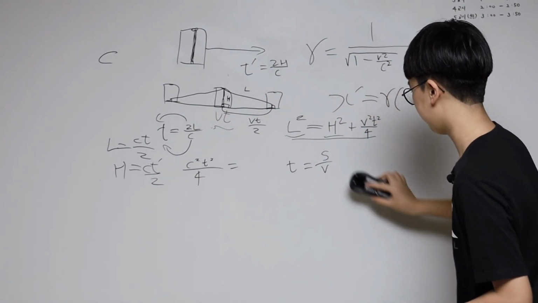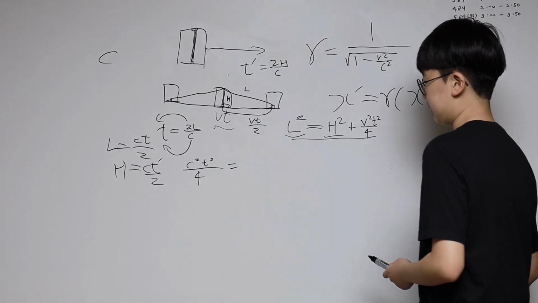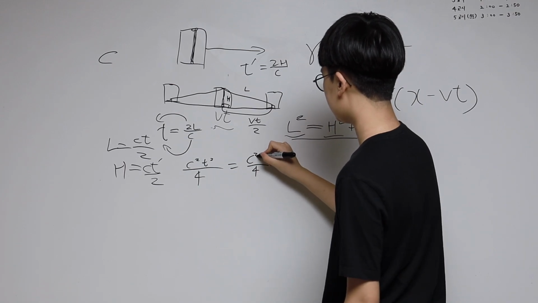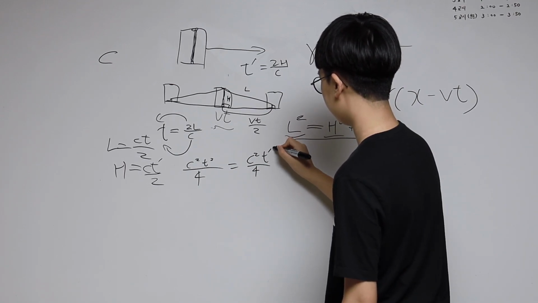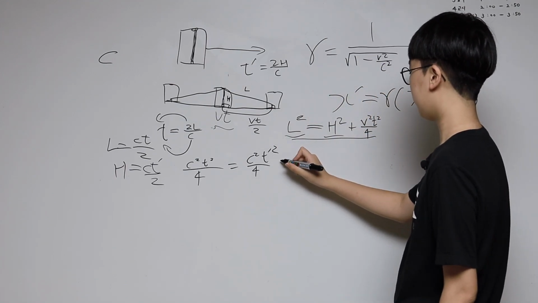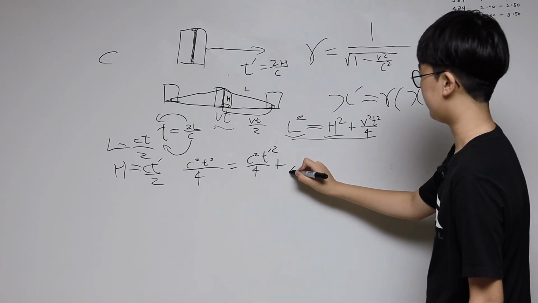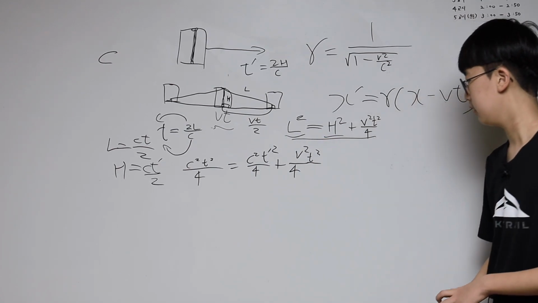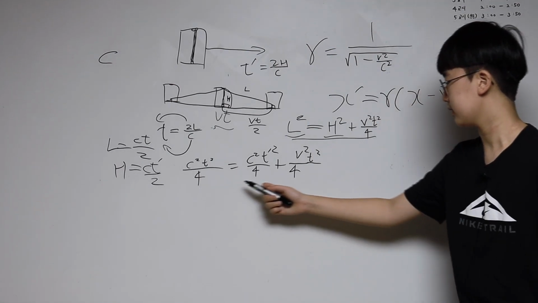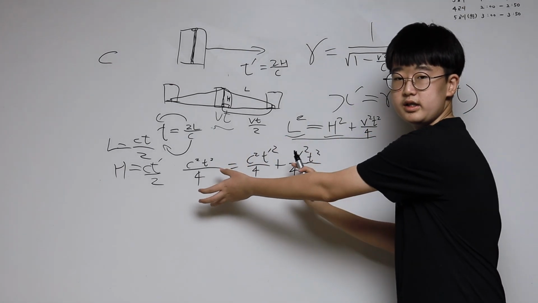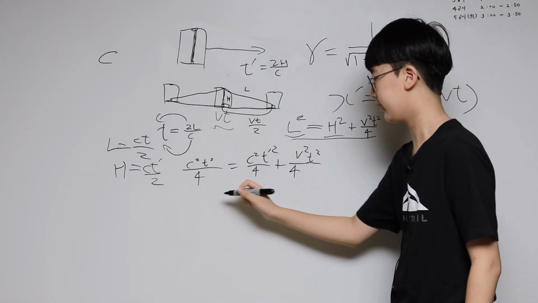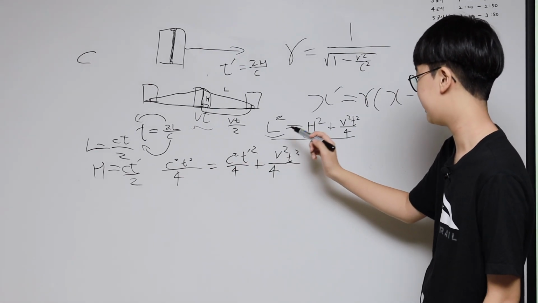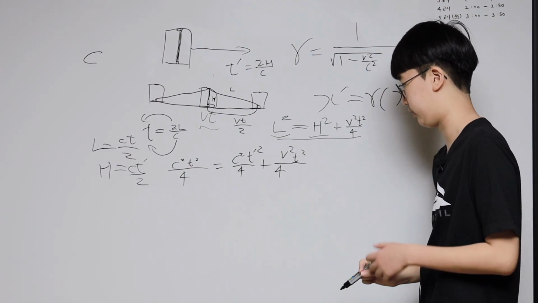This equals c squared t prime squared over 4 plus this other term. We multiply 4 to both sides of the equation, so we get c squared t squared equals c squared t prime squared plus v squared t squared.